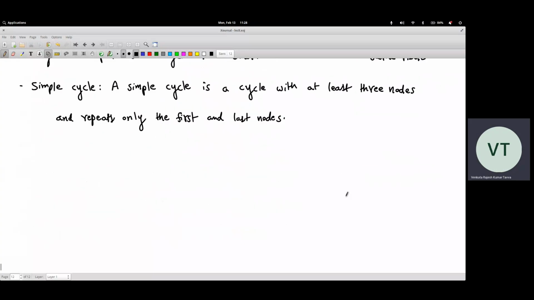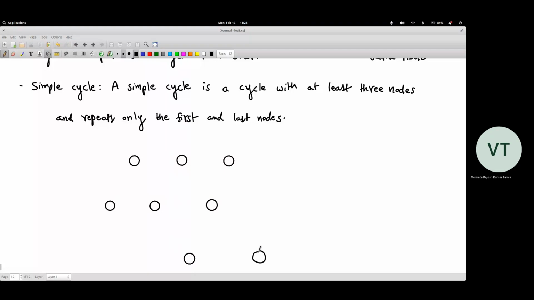Okay. So let's just take an example. You will understand better. So imagine I have a graph.